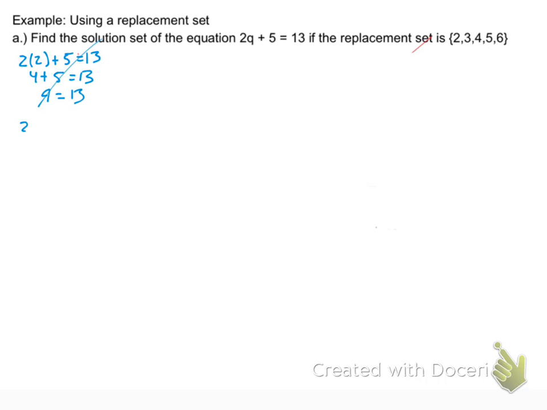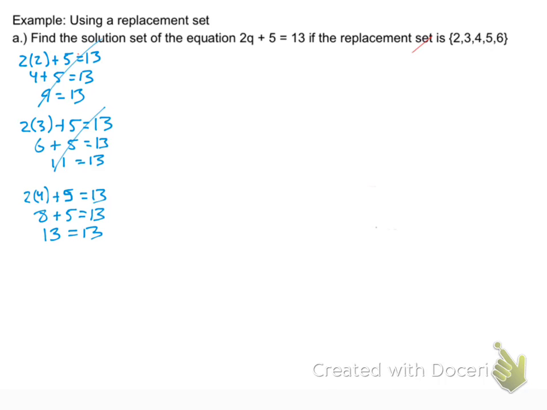Next. 2 times 3 plus 5 equals 13. 6 plus 5 equals 13? 11 equals 13. Nope. Next. 2 times 4 plus 5 equals 13. Is 8 plus 5 equal 13? Yes. Because 13 would equal 13.